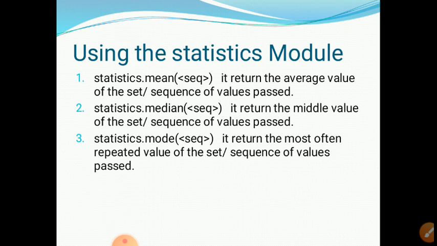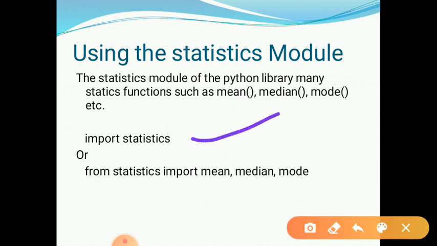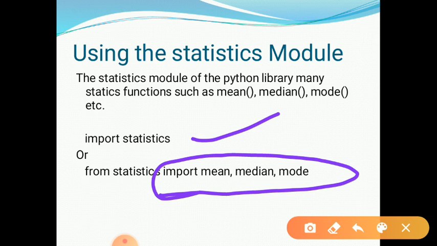Okay, so with that first line we can access all the functions related to statistics. But if we specify from statistics import mean, mode and median, then we can access only these functions in our program, because here we specified them.